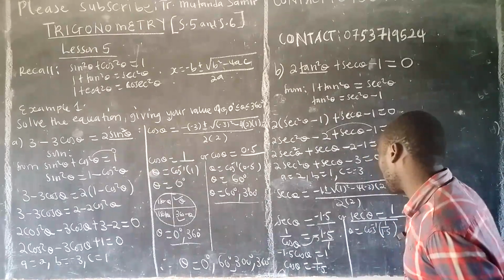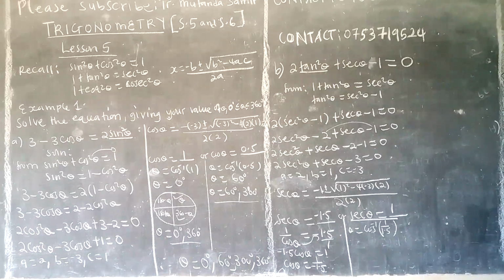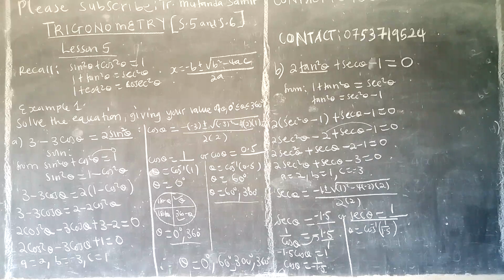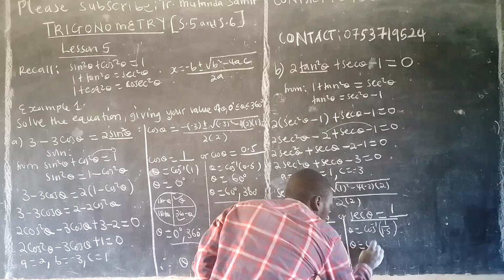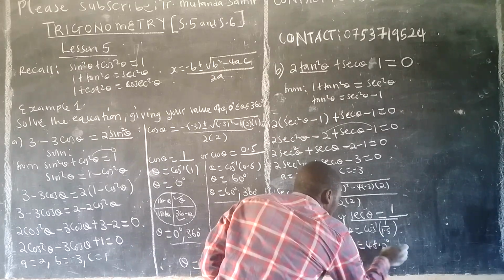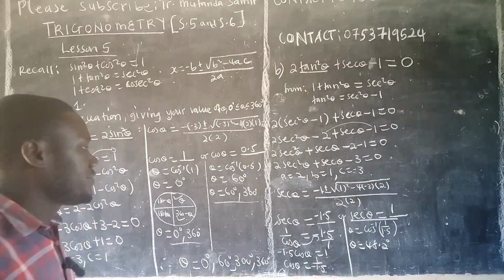Why? The negative only tells you the quadrant. So let's get that inverse there, and we see which answer comes up finally. Pressing, this is cos inverse of bracket 1 divided by 1.5, close brackets, 48.2. So you're going to have theta is equal to 48.2 degrees. And cos was what? Cos was negative.